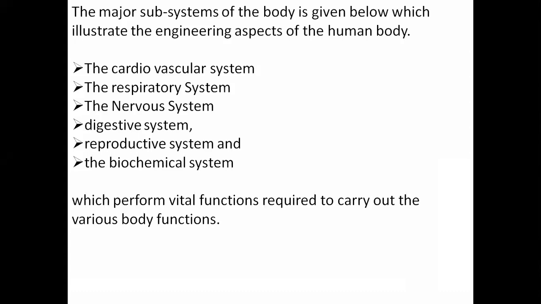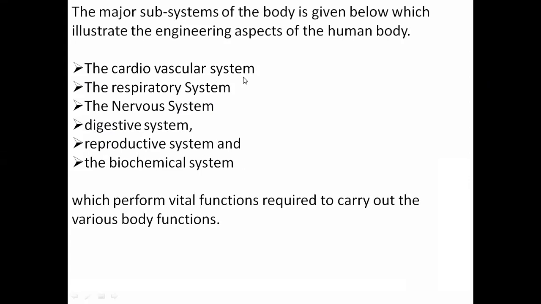We will see how each subsystem functions, and what the functionality of each subsystem is. The major subsystems are the cardiovascular system, respiratory system, nervous system, digestive system, reproductive system, and biochemical system.